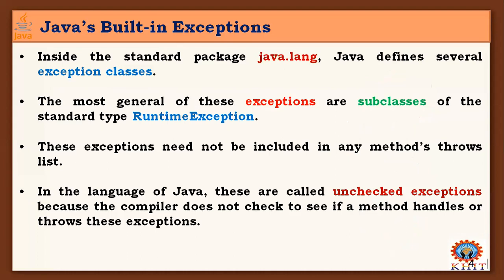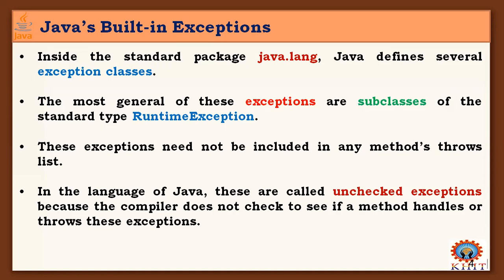To handle these exceptions, first we need to create an object of that exception type. For example, ArithmeticException. When this type of arithmetic-related exception is generated, we need to create an object of that exception type, ArithmeticException.